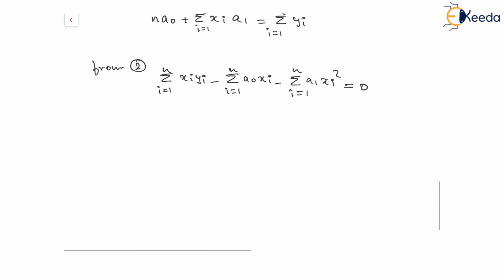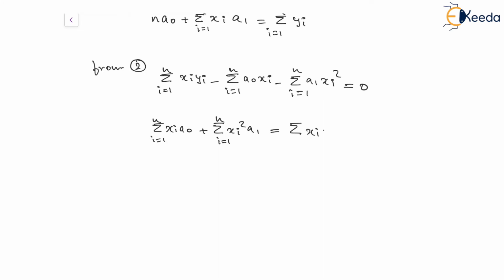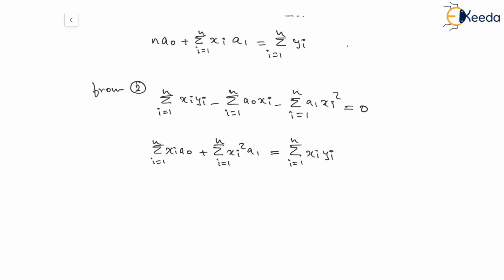And from here we may rewrite this as summation of xi a0, i equal to 1 to n, plus summation of xi square a1, i equal to 1 to n, equal to summation of xi yi from i equal to 1 to n. So let's say this is the third equation and this is the fourth equation.